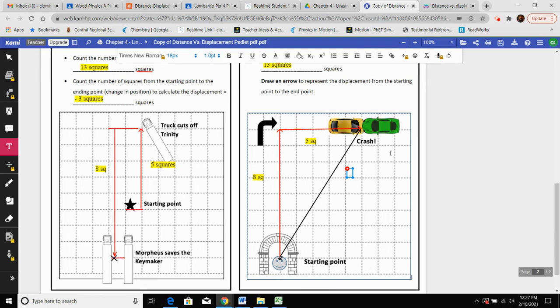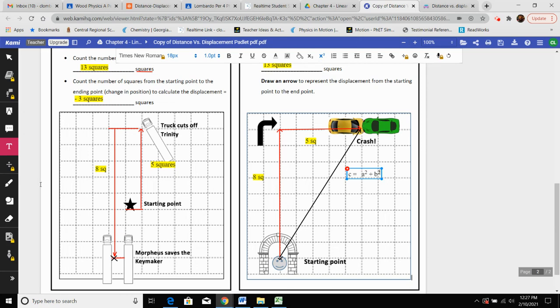And remember, when you have a net y direction, like up or down, and a net x direction, like left or right, you cannot add or subtract those. In that case, you have to use the Pythagorean theorem, and we rearrange it so that c is equal to the square root of a squared plus b squared.